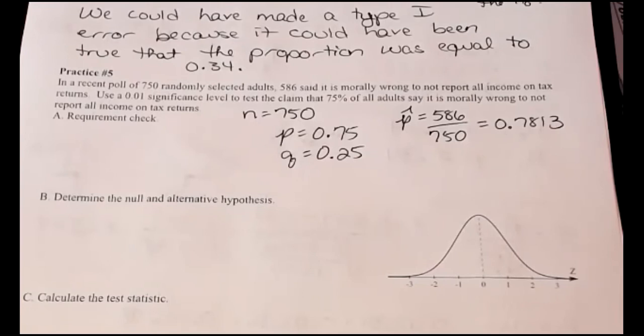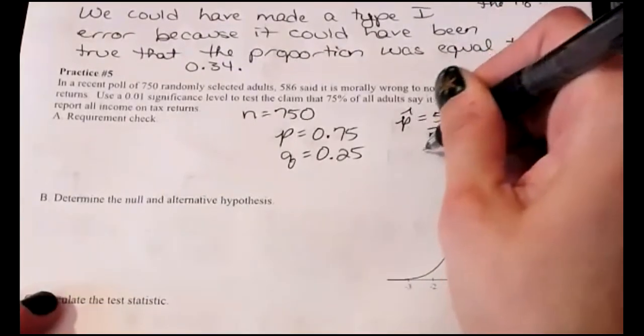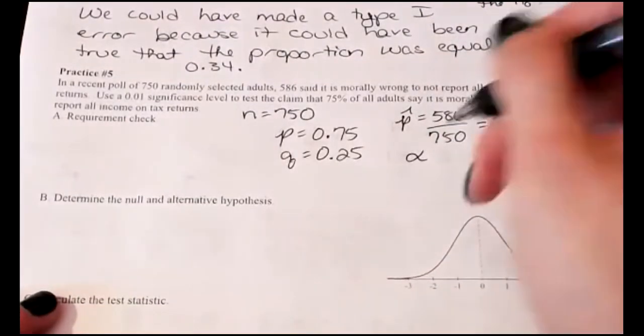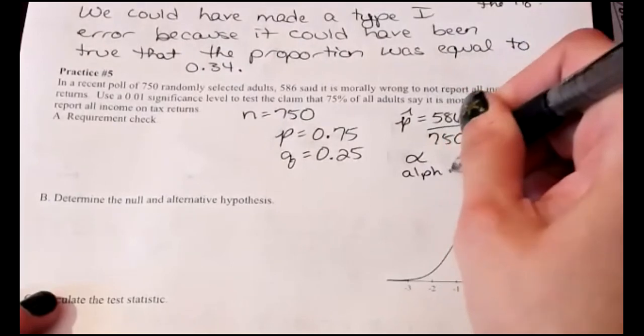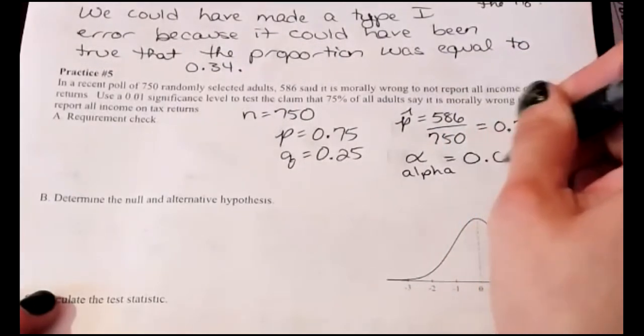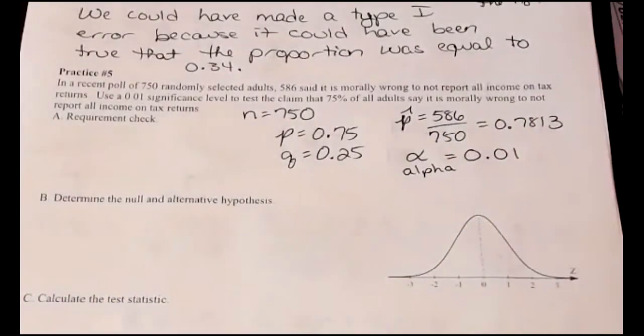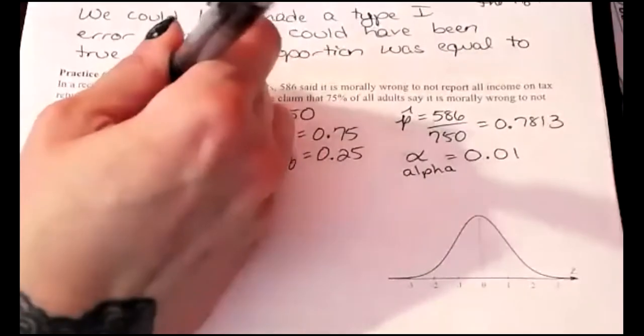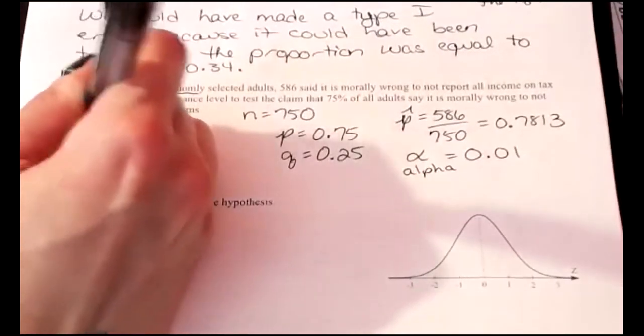Alpha is 0.01. So we have alpha and then we have beta. Beta would be the type 2 error. But yes, alpha 0.01. Very nice. Requirement check. Notice random. Very cool. Check.